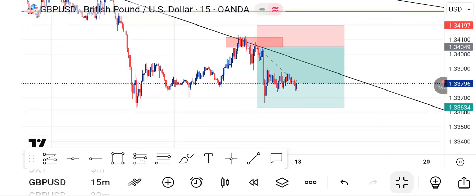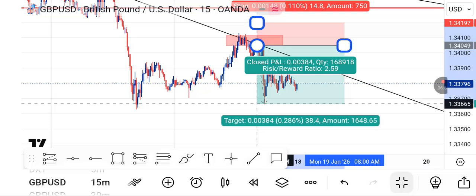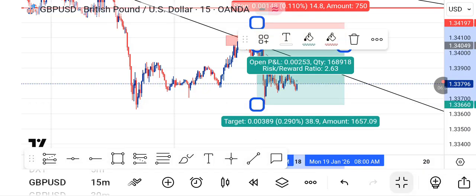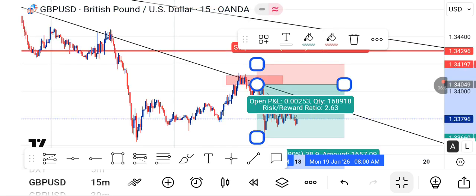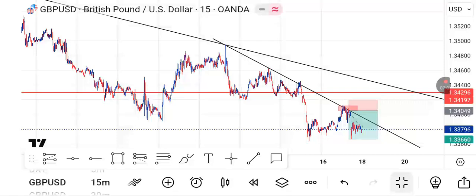Let me see. It went to like 38 pips. Yes, it went to like 38 pips. So this is to show you that my strategy works. My approach works.